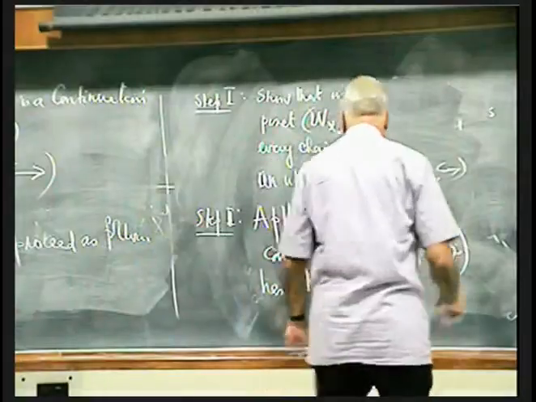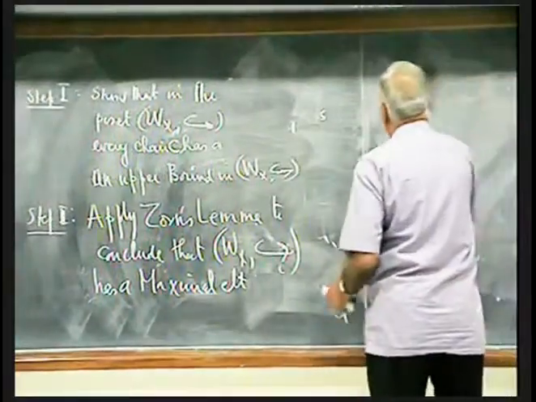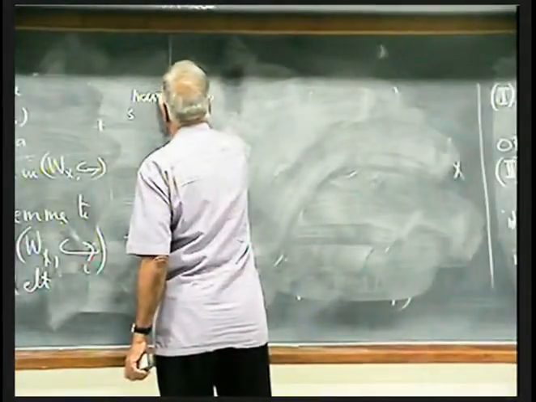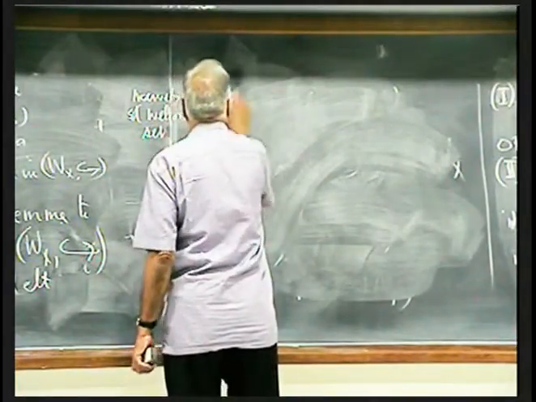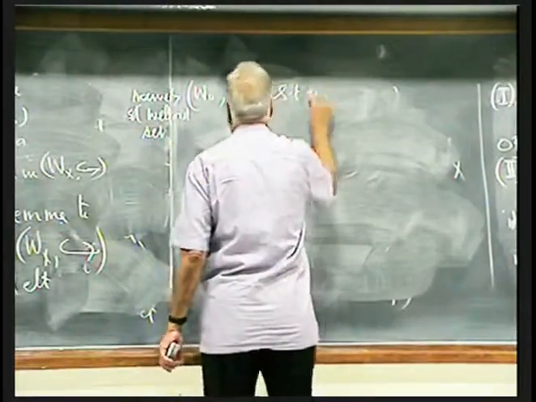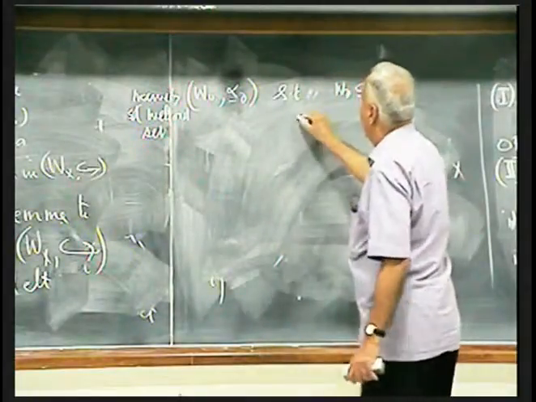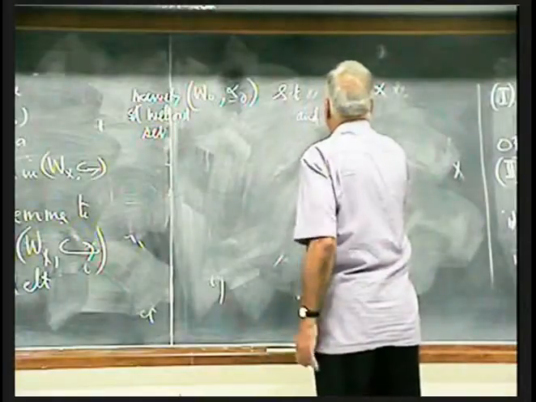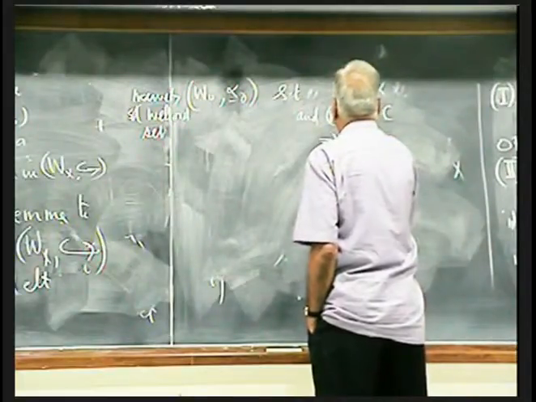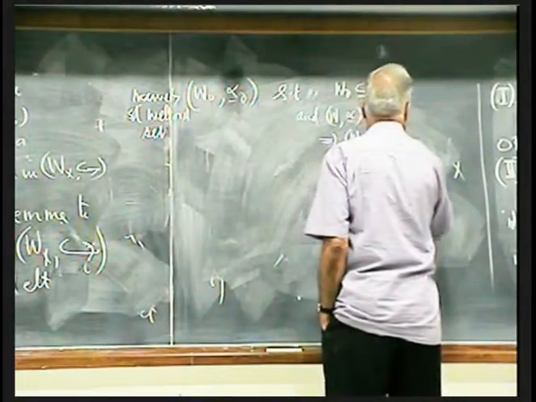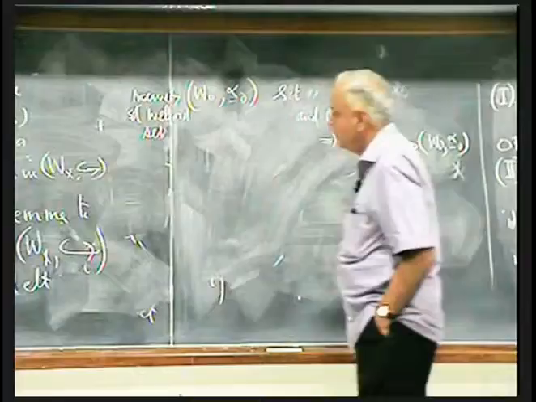So maximal element W naught, namely a well ordered set W naught such that the carrier set is contained in X and W belongs to the chain implies W is contained in. This is okay, a maximal element.